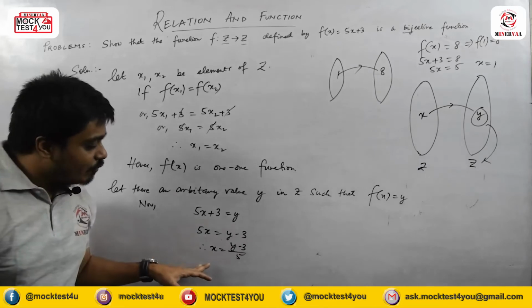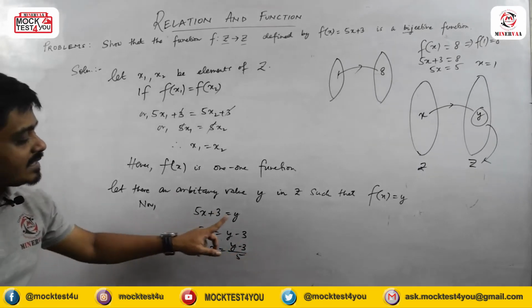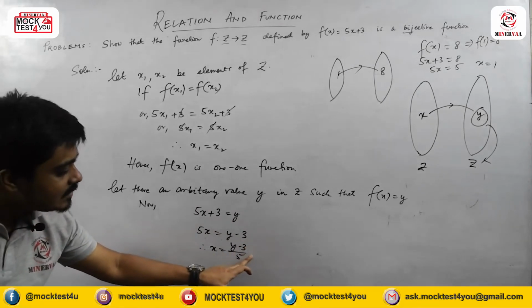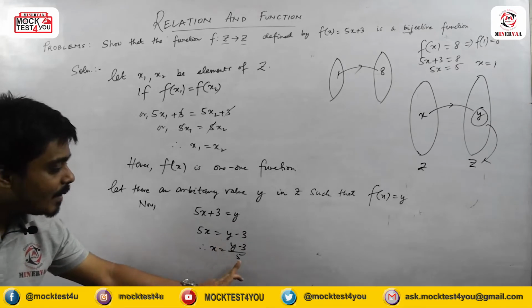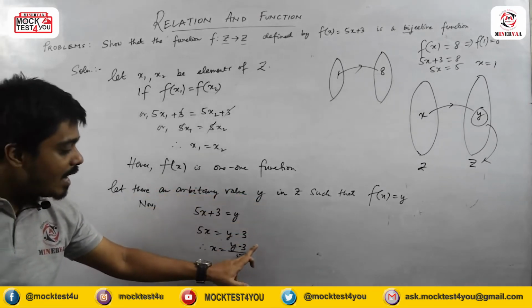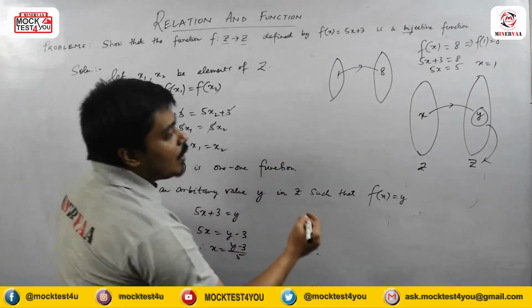Now listen very carefully, this one. So looking at this one, what we see is that x is an element. So (y - 3)/5 is a particular element whose image is y. Now x is equal to this thing, right? So what we found out?